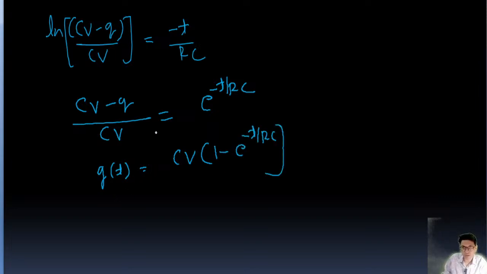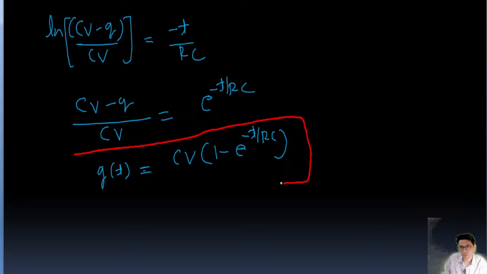Very important result, guys. So qt, q is charge as a function of T, is going to be equal to CV into 1 minus e to the power minus T upon RC. So this is the very important result of getting charge of the capacitor.